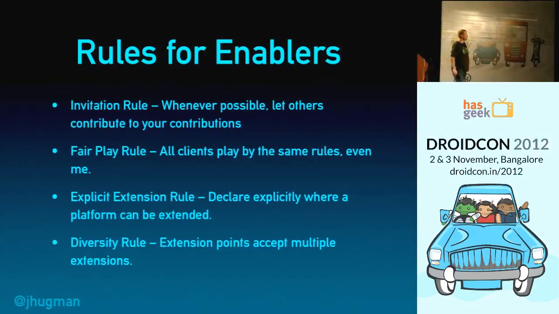And the top 2, the first one seems pretty obvious in an Eclipse setting, but if you're not in an Eclipse setting, it's holy shit. We let people contribute to you. That's the explicit build a framework, let people add code to your code, and you've got to deal with that somehow. And it's the second one which literally overnight changed the way I thought about code, which is all clients play by the same rules, even me.